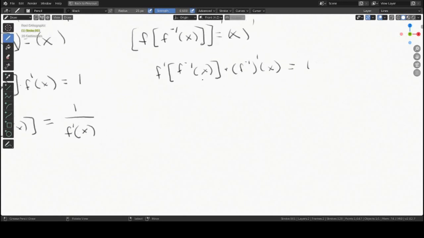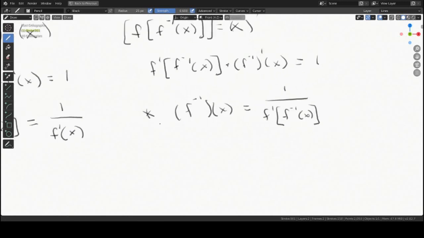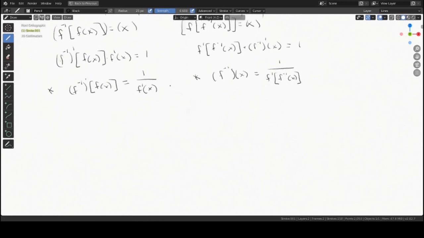Alright, and then here we're looking for f inverse prime of x, so we'll go ahead and isolate that. That's equal to 1 divided by f prime of f inverse of x. Okay, so let's keep those two things in mind as we move on to an example.